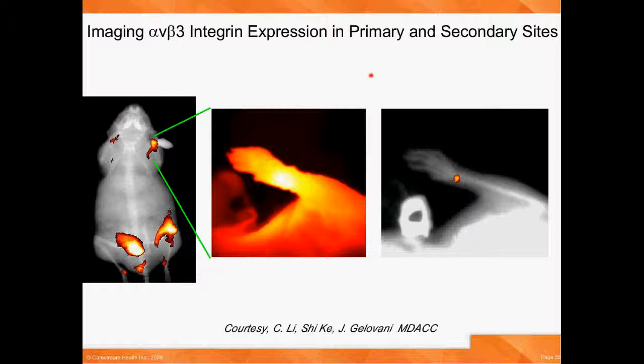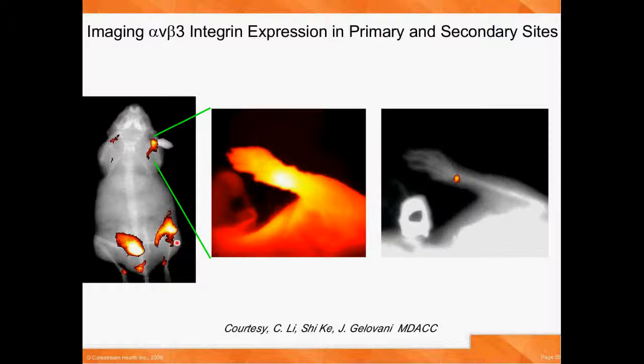One can also look at integrin expression through RGD-labeled peptides. These RGD peptides were labeled with a near-IR dye, injected into a mouse, and they were trying to track a known site of tumor cells. Alpha V beta 3 is known to occur at sites of neovascularization, as well as just being expressed on some tumor types.